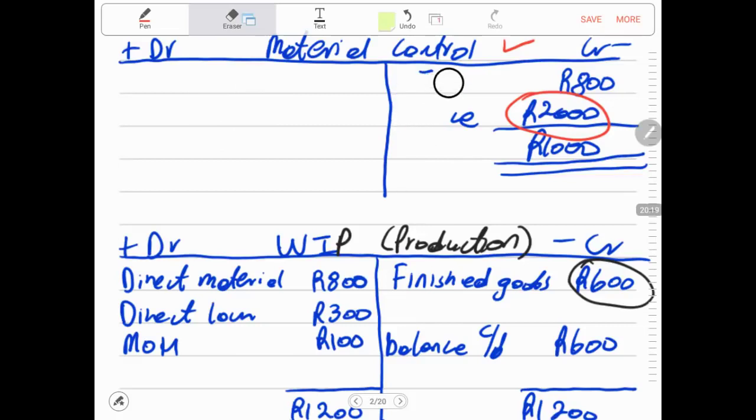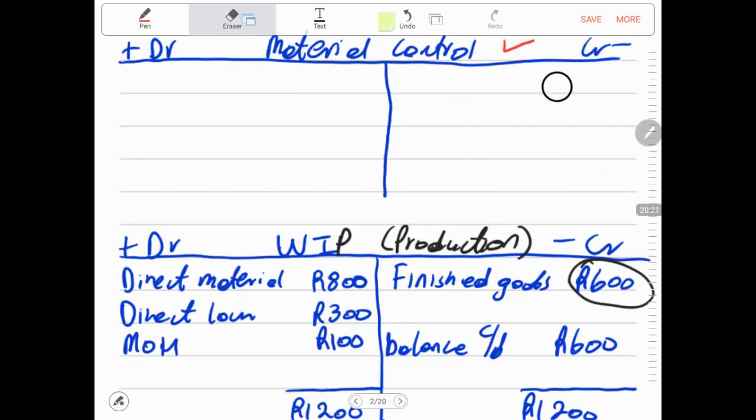Where is this balance coming from? The balance of raw material is 200 rands, and this is the balance at the beginning, the balance on the 1st of January. It could be any year, say year 2000. So here is the balance of inventory being 200.